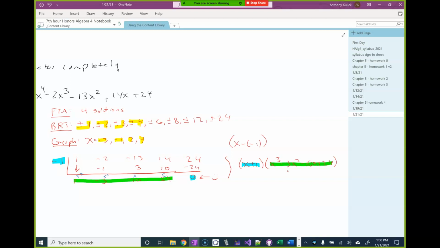So what do we do then? Well, we have to do a synthetic division on that piece, right? Does that mean we start all over and do the FTA, the RRT, and the graph? No way. Why not?